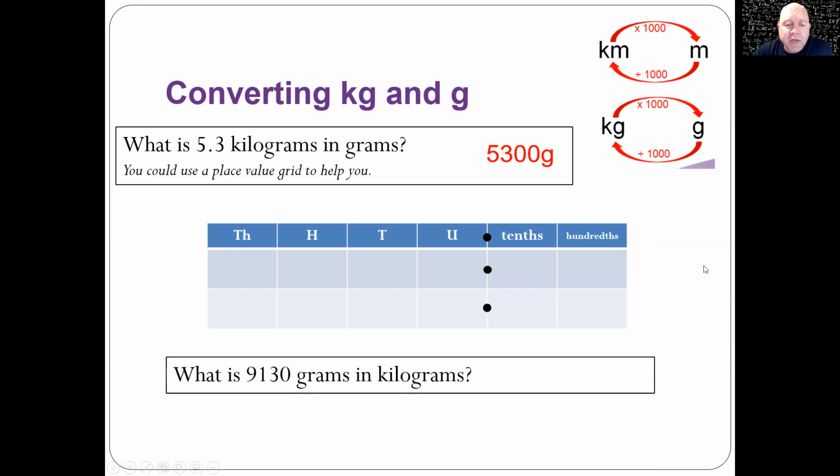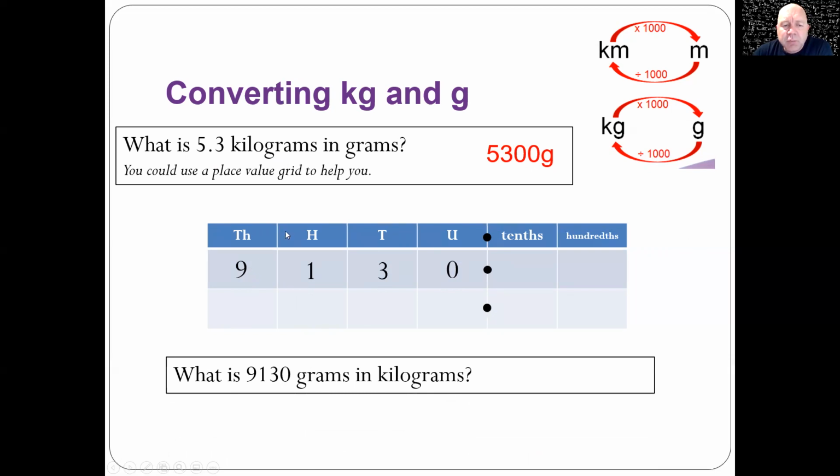Okay, let's try a different one. This time we've got 9,130 grams, and we want those in kilograms. So let's put the 9,130 into our place value grid. Converting grams to kilograms, we are going to divide by 1,000. If we're dividing, all the digits move 3 places to the right.